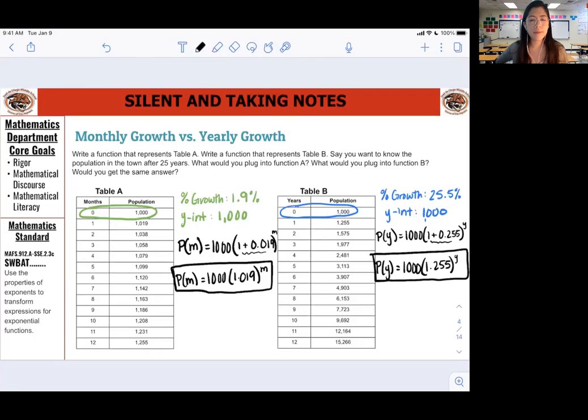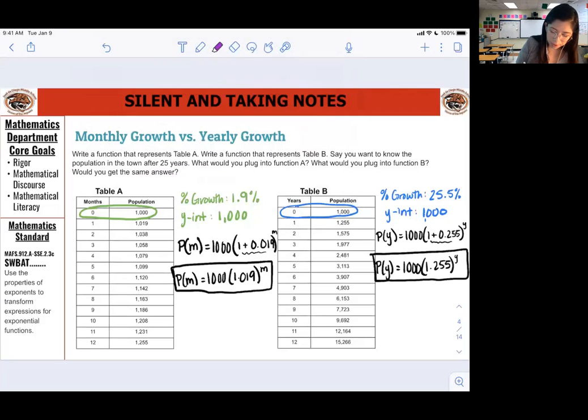But it's the same two things go into those parentheses. So now it says, let's read ahead. Say you want to know the population in the town after 25 years. What would you plug into function A and what would you plug into function B? And the question is, would you get the same answer? Let's break that down.